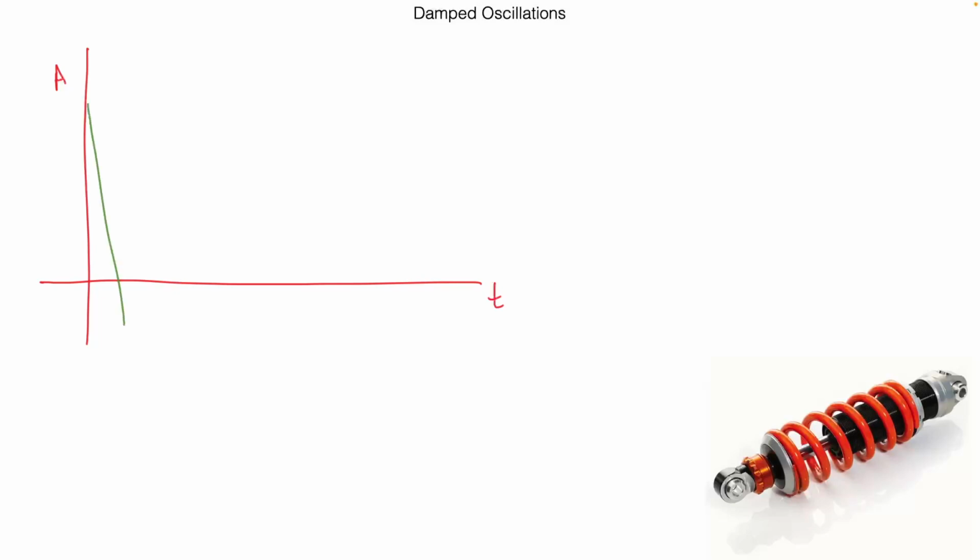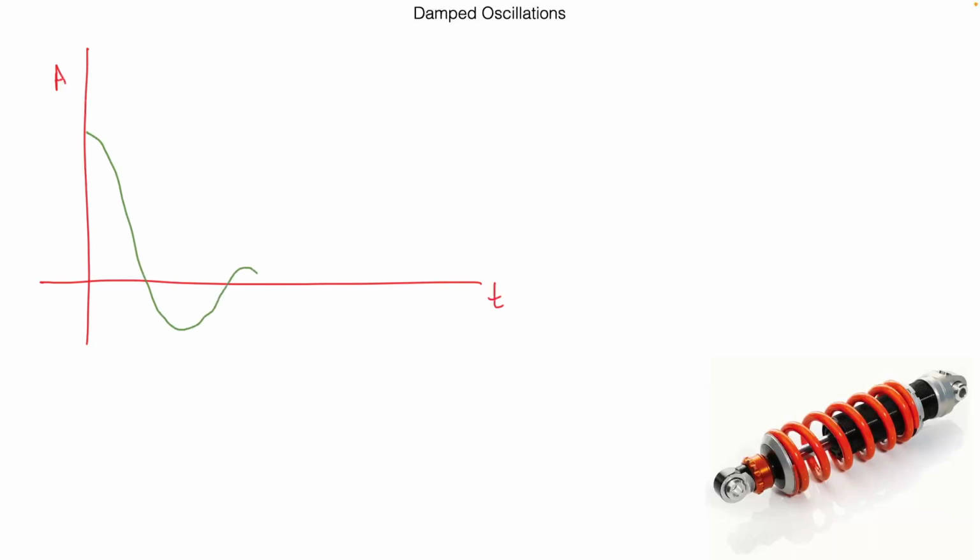Basically it looks like this, with no wiggle whatsoever. It's just a thunk. The underdamped case, where the shock absorbing and dampening is there, the amplitude will eventually go away, but it's still going to wiggle. I'll start them all at their peak.